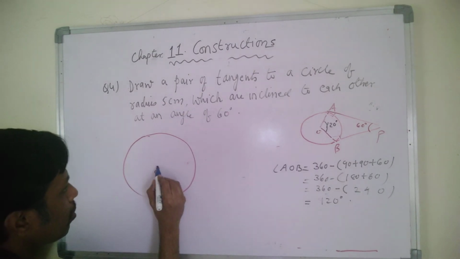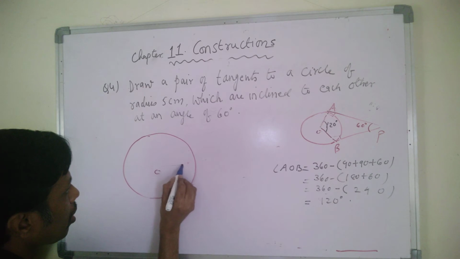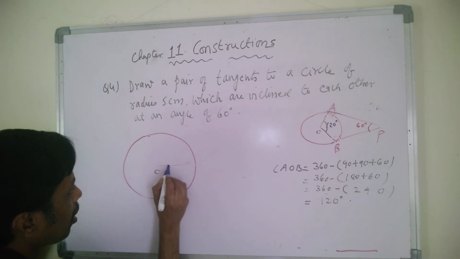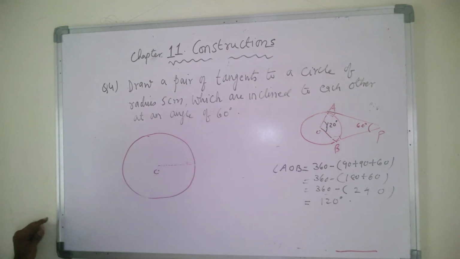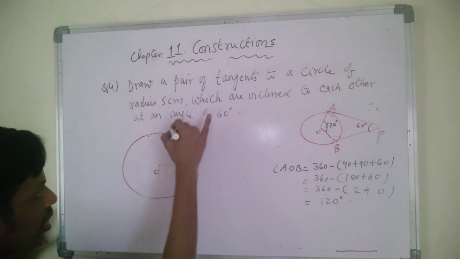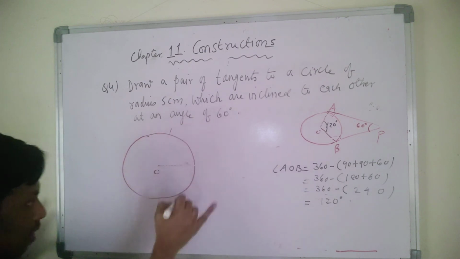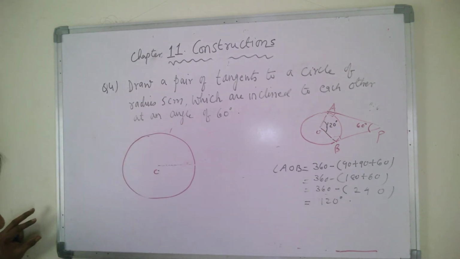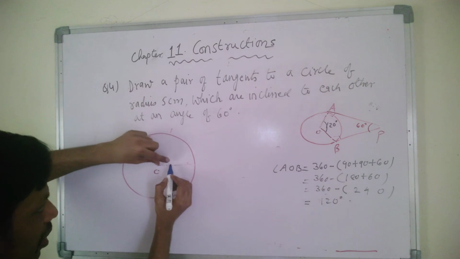Now what you do? Now I want the central angle to be 120 degree, correct? So you draw 120 degree total. That means you bisect it. So I can draw 60 degree here and 60 degree there, so that the total central angle will be 120 degree each. So you know how to draw the 60 degree, right?